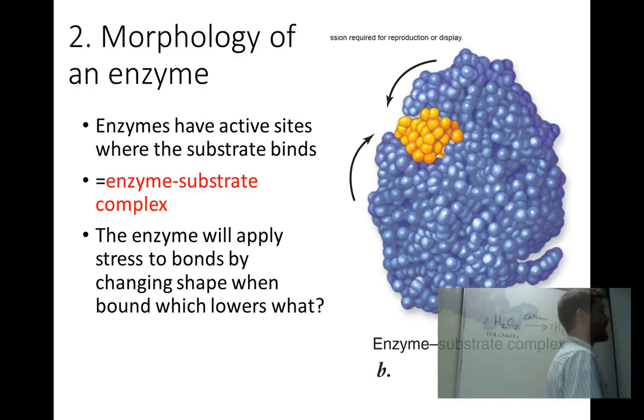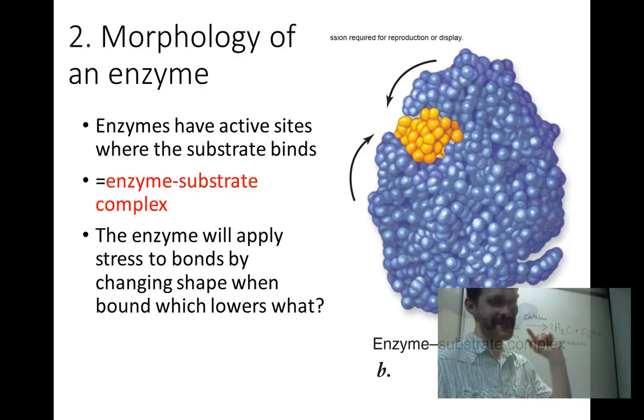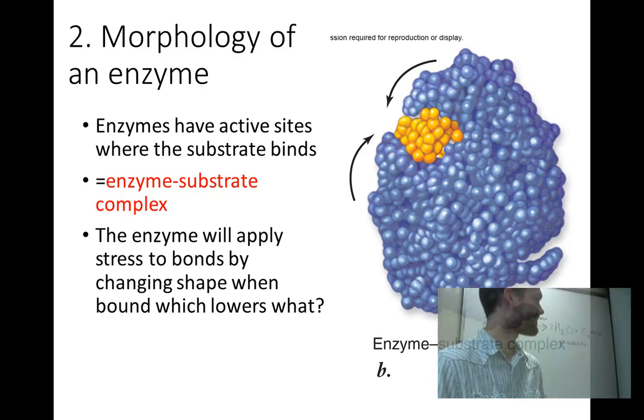The enzyme will apply stress to the bonds within the substrate, which changes the shape of it somehow, which lowers what? Activation energy, yeah. Okay, so you guys catching on to the theme here? You guys get all that? Lowers activation energy, which speeds up the rate of the reaction.